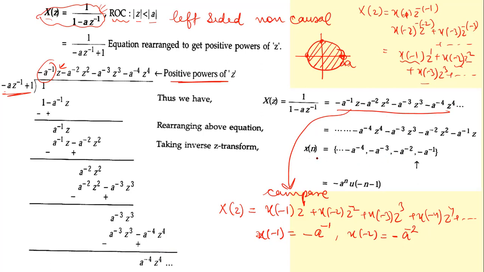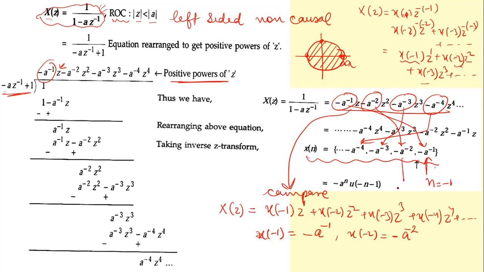Now this is the sequence that we have obtained here. You can see we have taken all the data points. We have taken these data points here, right? And this would be the first data point basically, which is at n equal to minus 1.